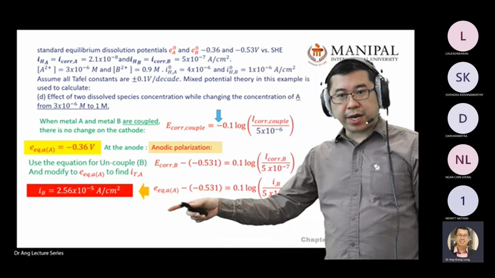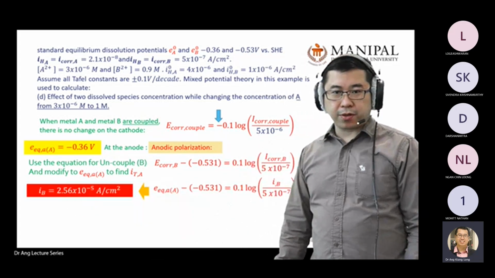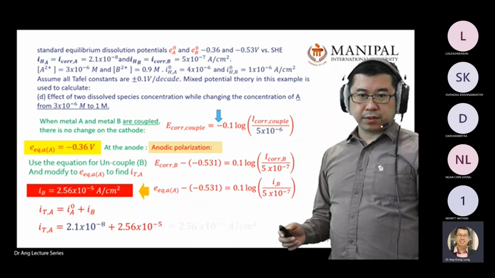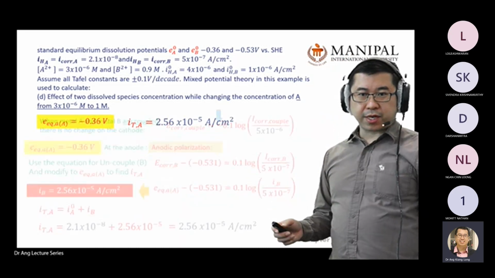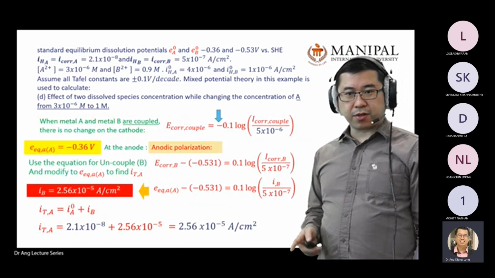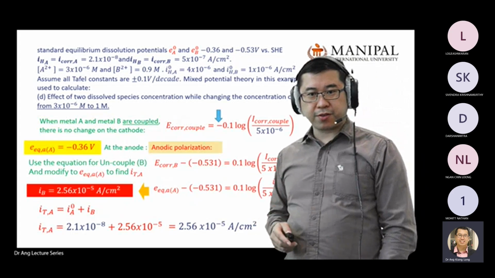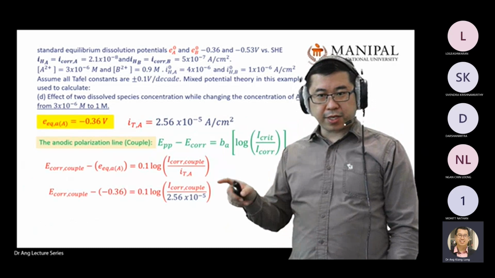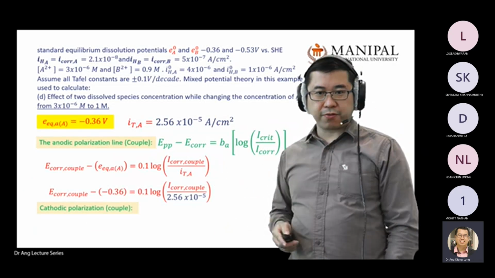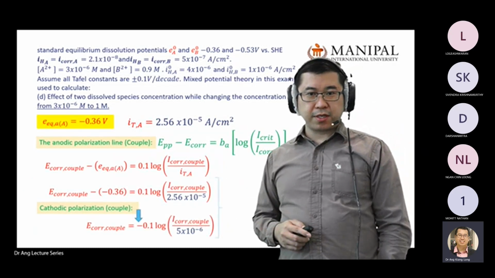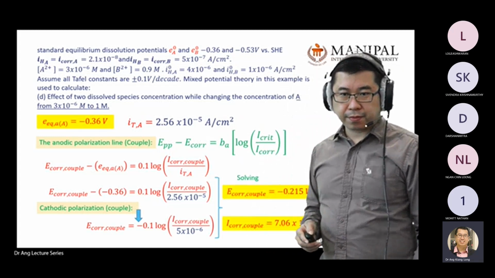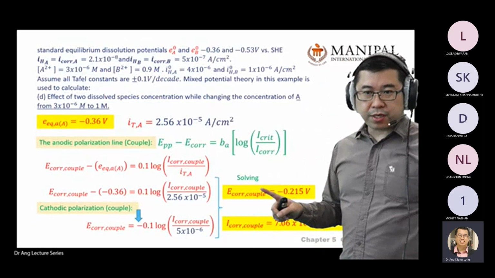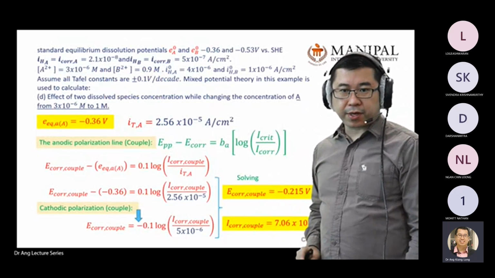This is just to check what happened to the current to your B. You can read all my slides. I haven't gone through again. The procedure is still the same. You will get equations and then you solve simultaneous equations. Then you get the corrosion when you coupled, the current when you coupled.